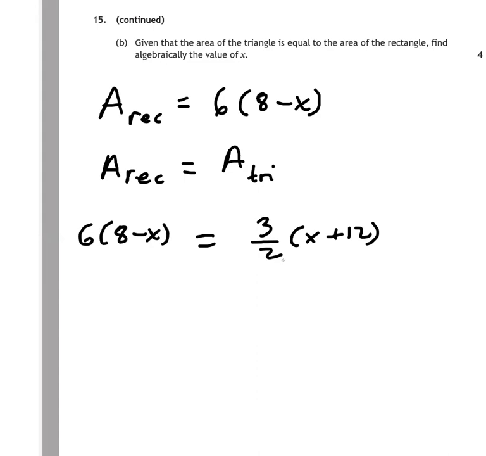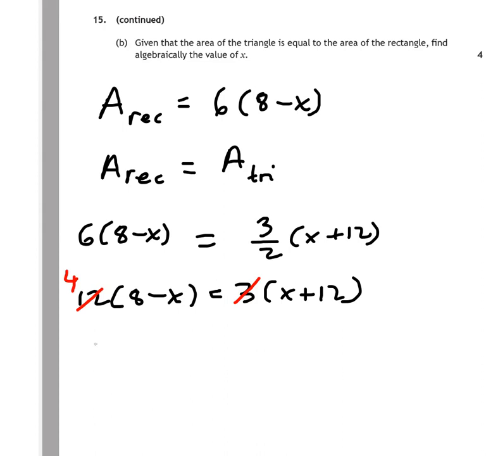And then you just multiply through by 2 to move this to the other side. So that would become 12(8 minus x) equals 3(x plus 12). And then you expand the brackets, or you can just divide by 3 at this point. So that would become 4(8 minus x) equals x plus 12.